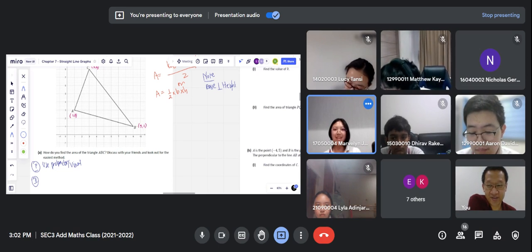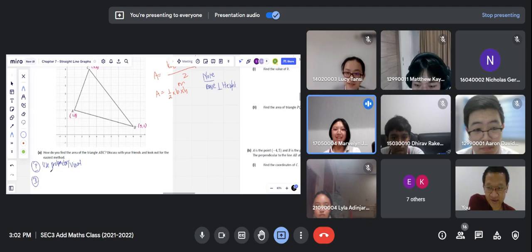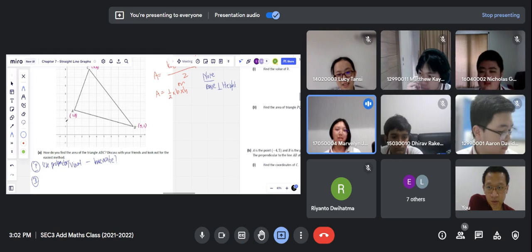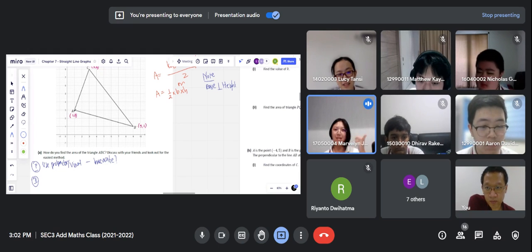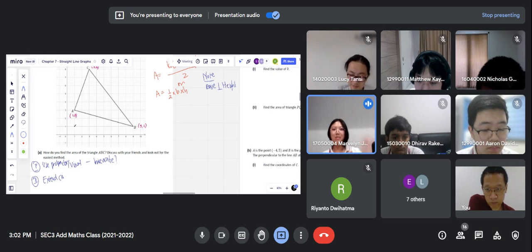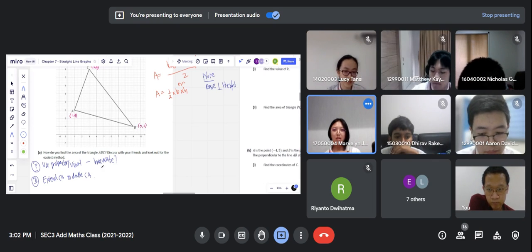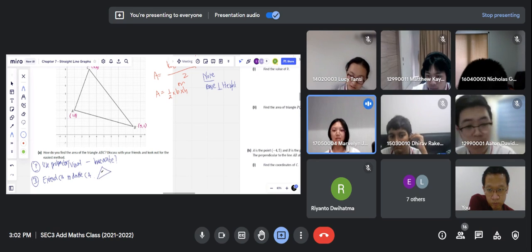But Aaron tried it, and he said that it's kind of inaccurate. So the second method, from Kyla, is to extend the line CA downwards so that you double the CA, then you connect the endpoint to B, and then you calculate with the formula.